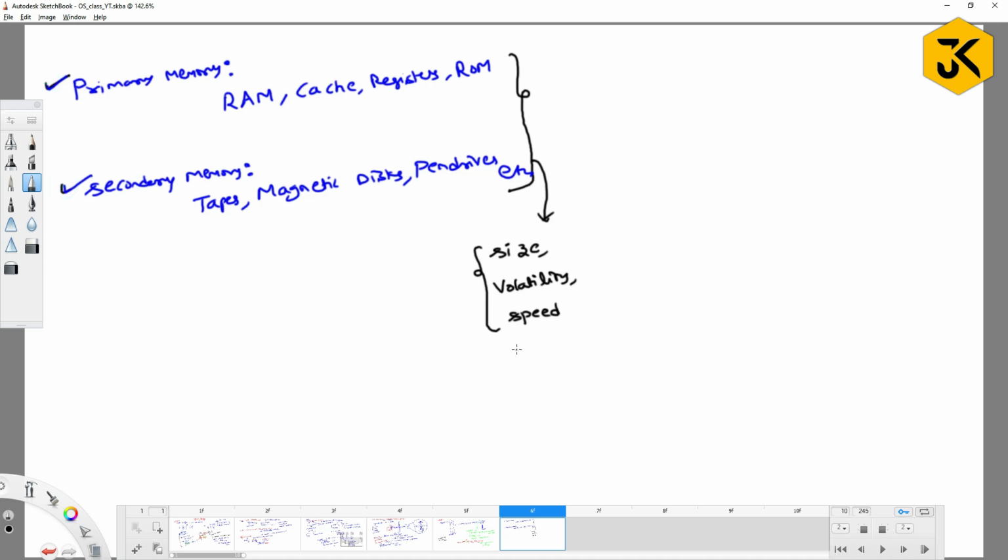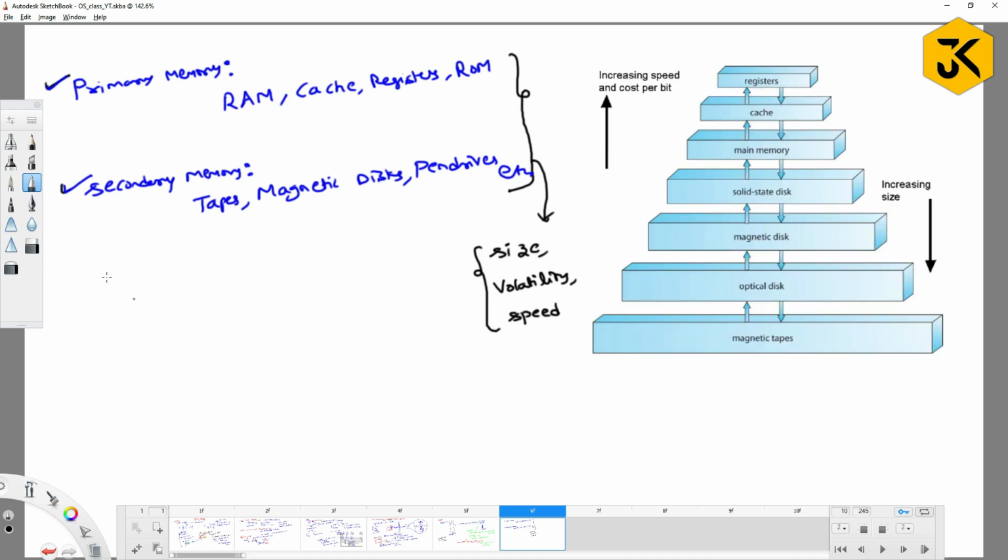Let's see the hierarchy of the memory. Observe, guys, here clearly registers is the top level and magnetic disk is the lowest level. As I mentioned already, with various factors they made this hierarchy.